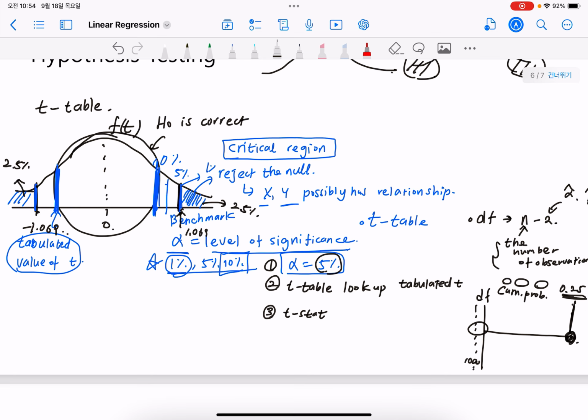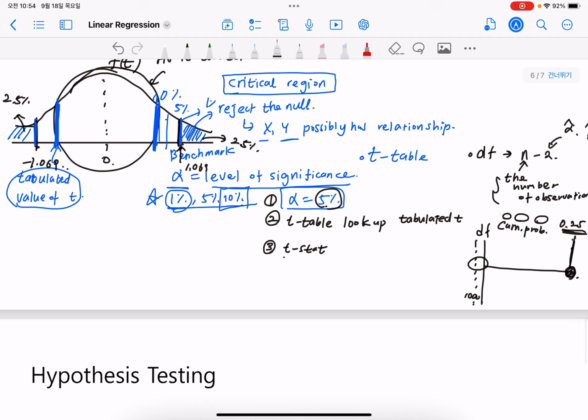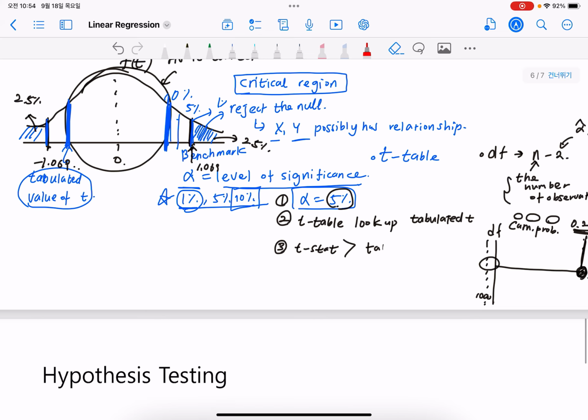And you want to make sure that this t-stat is greater than the tabulated value of t under the t table. Since the t-stat itself can be a negative value, let me put the absolute value here.